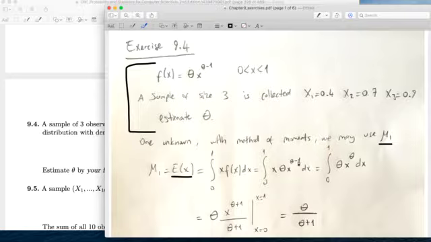This minus 1 is going to go. So it's going to be the integral of theta x to the power theta dx. So theta is a constant here. It can be taken out of the integral. And when we integrate this, it becomes x to the power theta plus 1 divided by theta plus 1. So this becomes the integral from 0 to 1.